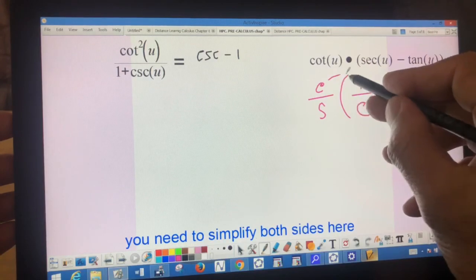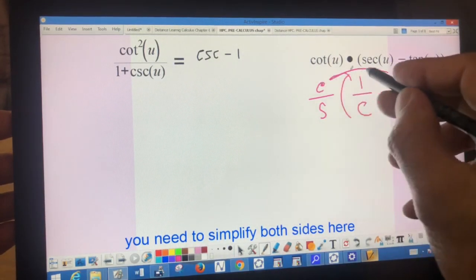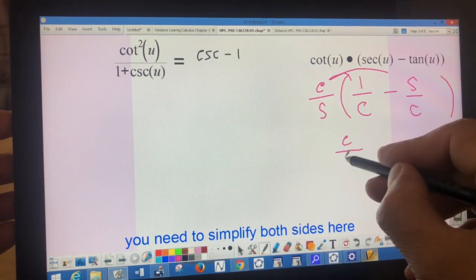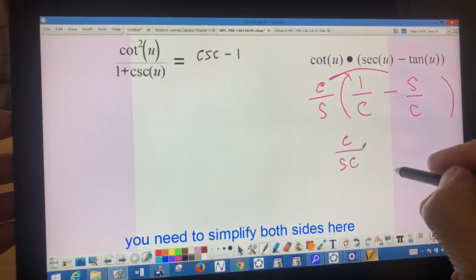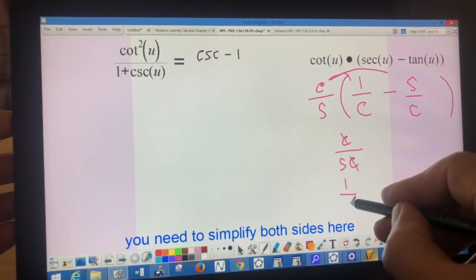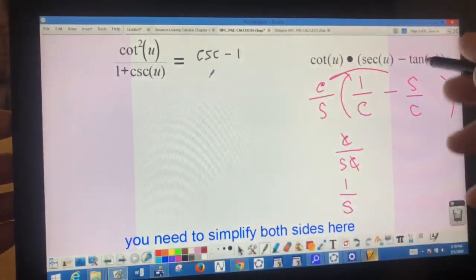All right, distributive property. It's going to go in. So now your cosine times 1 is cosine. C times S is CS or SC. These will cancel. So you got 1 over sine, and 1 over sine, I believe, is that cosecant up here.